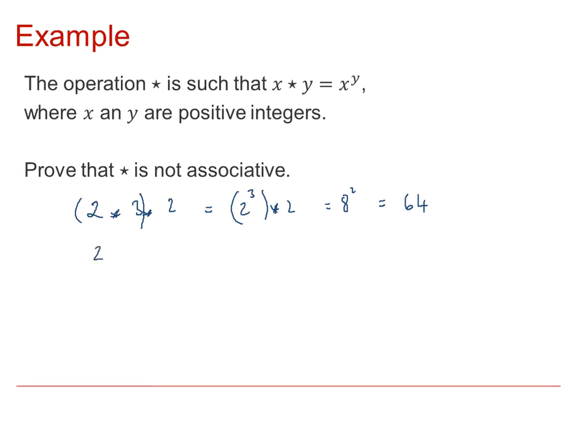But if we do 2 star, and then 3 star 2, then that's the same as 2 star, and then we've got 3 squared, so this is 2 to the power 9, and that's equal to 512. So there's just one counterexample to show that it's not associative.